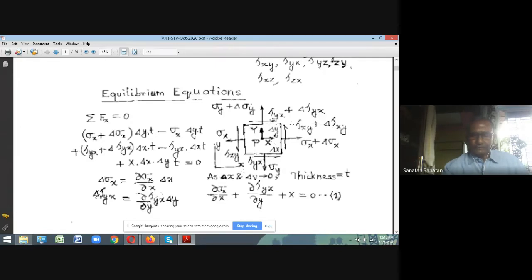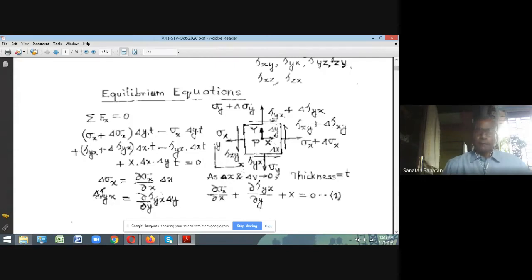And if we consider the situation that when this size of the element delta x, delta y shrinks to 0, that means it becomes a point, then in that case, you see all the terms will knock out, and finally we'll have just this equation: delta sigma x plus delta tau yx delta y plus capital X is equal to 0.